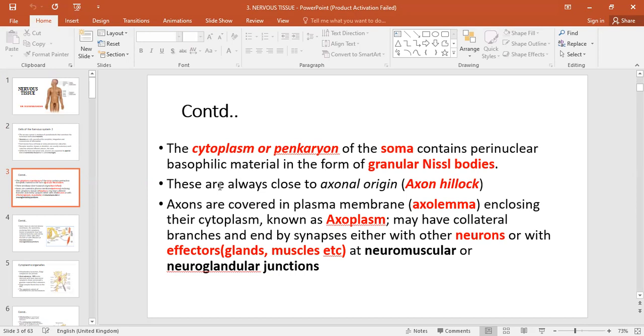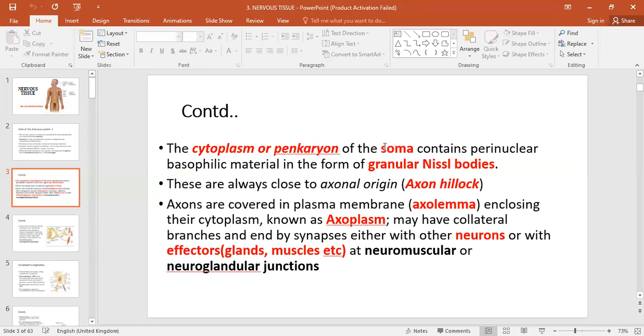Number one, the cytoplasm is given a different name in nerve cells or neurons. The cytoplasm is known as the perikaryon. So perikaryon is the cytoplasm of nerve cells.